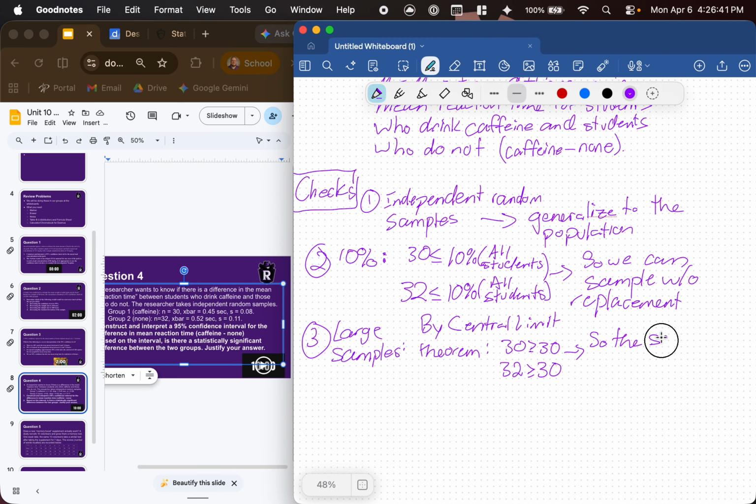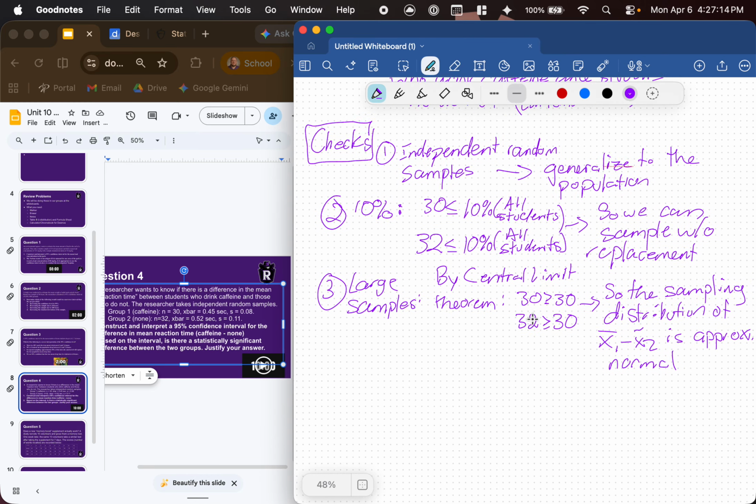So, the sampling distribution of x bar 1 minus x bar 2 is approximately normal. Don't forget, when we have these differences, we have to make sure that we are checking both 10% and large samples for both populations. Okay, so we have those.